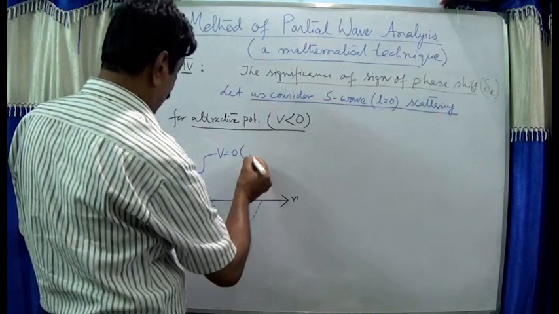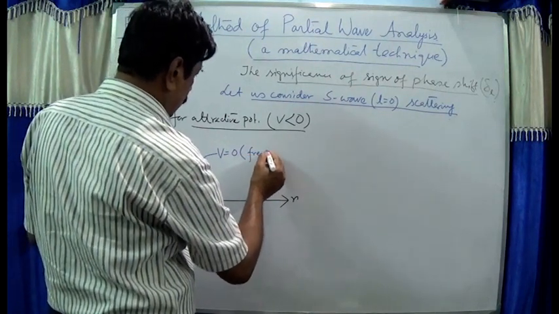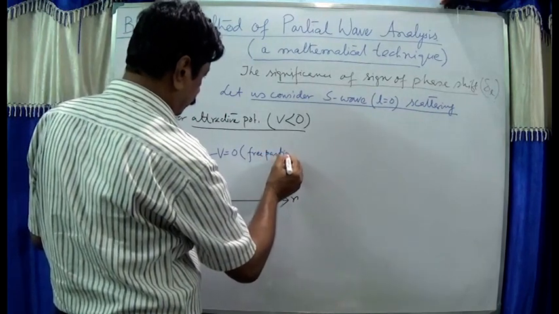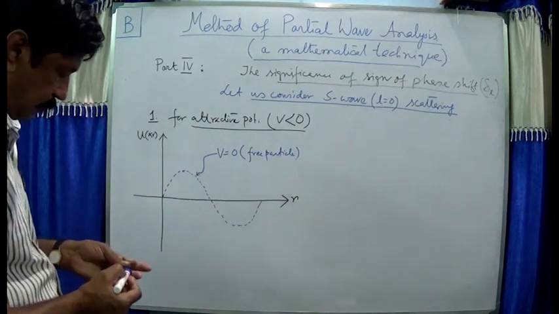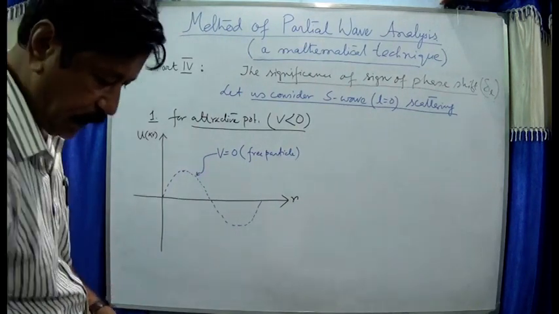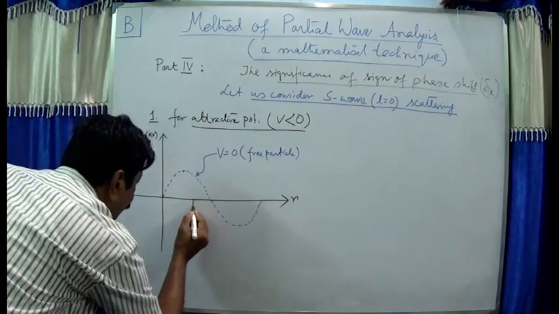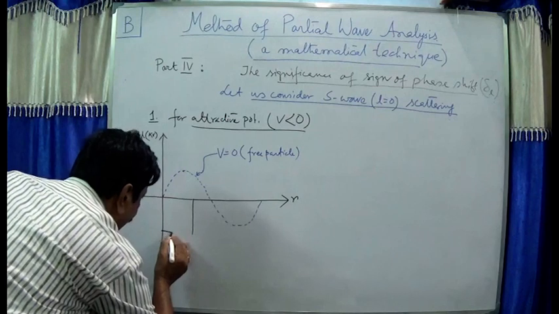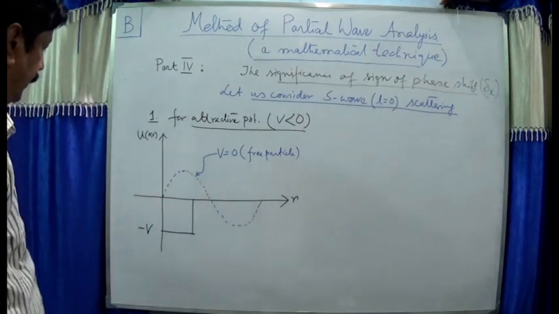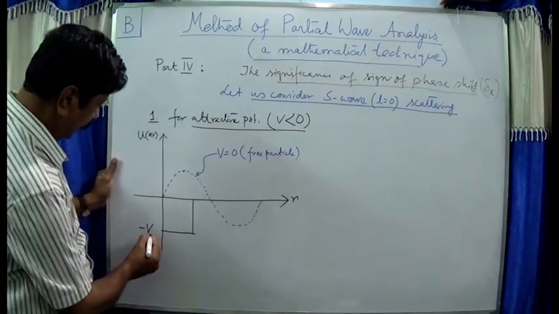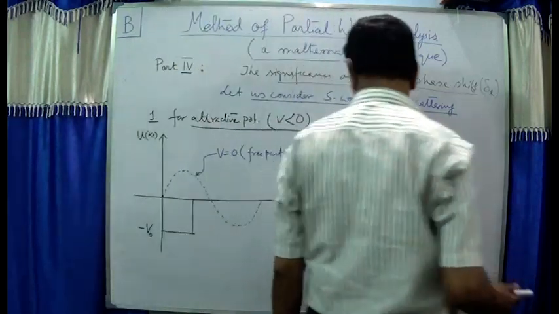That means a free particle. Now for attractive potential, let the potential be represented in this way. So it is minus V, that is V0.